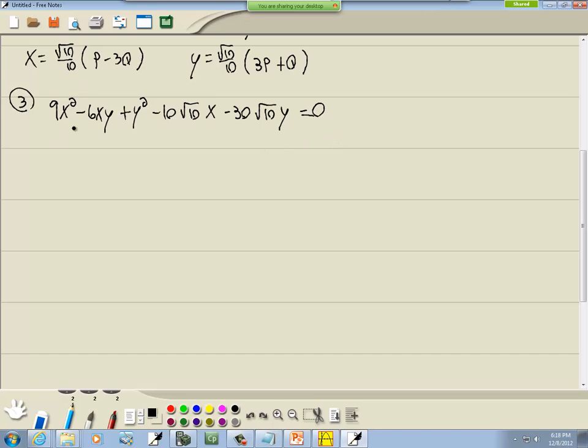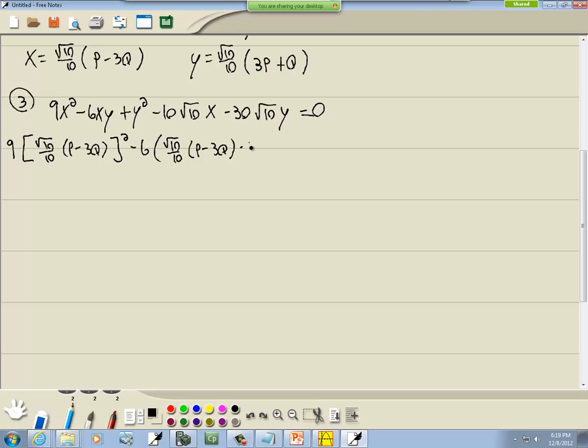Okay, so x we just said was this. So we got 9 times square root of 10 over 10 times p minus 3q squared, minus 6 times xy. X is square root of 10 over 10 times p minus 3q.